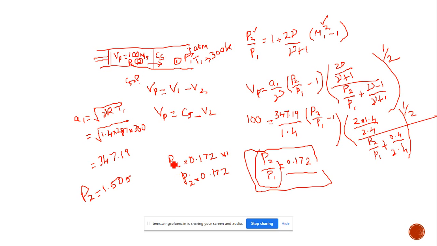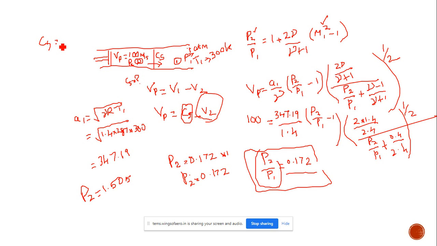Okay, we can proceed. After finding the value for P2 by P1, we need to find the value for CS. For finding CS, we have another formula. We have formulas like VP equal to CS minus V2, but we don't know the value for V2, so we can't go with this formula. And in this formula we don't have the term for CS. So we need to find some other formula which relates P2 by P1 or VP terms.